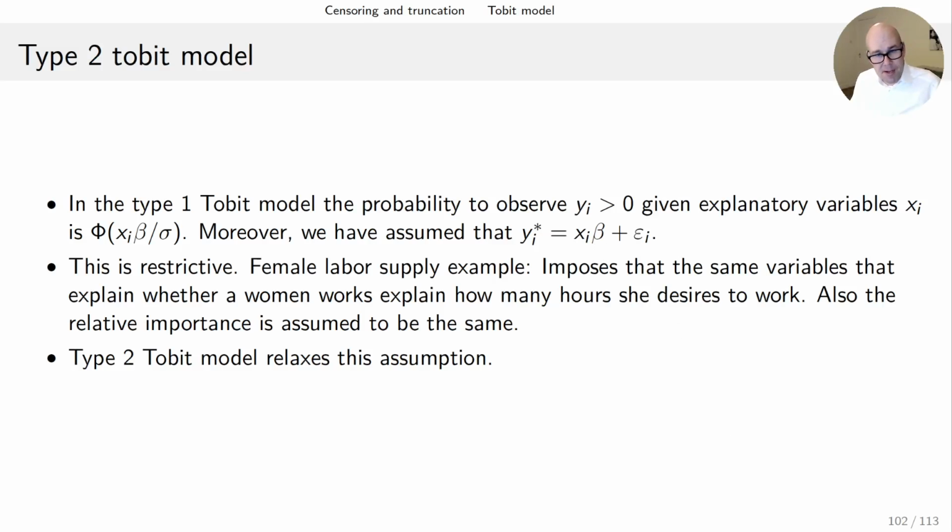And this is restrictive because x influences in exactly the same way whether an observation is censored, and then when it is not, how it depends on x. So when you look at the female labor supply example that people have cited quite a bit in the literature, then it's usually argued that this is restrictive because it imposes that the same variables that explain whether a woman works also explain how many hours she desires to work.